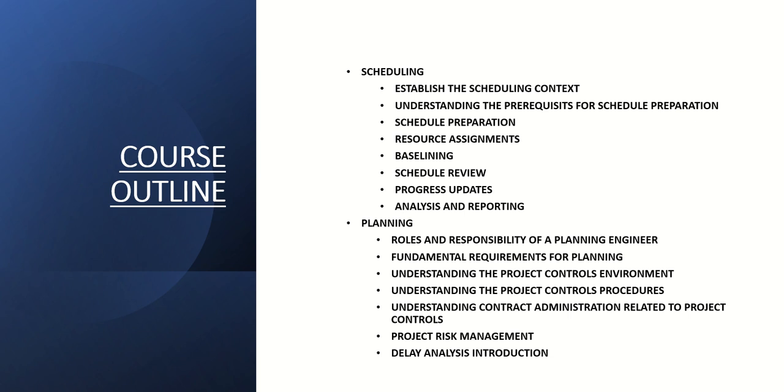Starting from establishing the scheduling context, understanding the prerequisites for schedule preparation, and then you can move into the schedule preparation part of it, and resource assignments, baselining, schedule review, progress updates, analysis, and reporting. That's the main topic that we are going to cover, but there are so many subheadings and subtopics under these headings, which we'll talk about throughout the course.